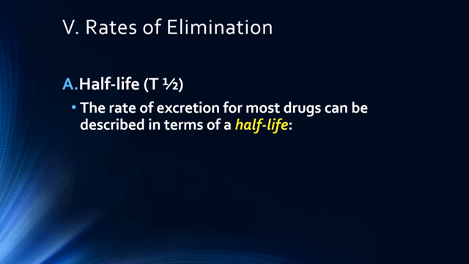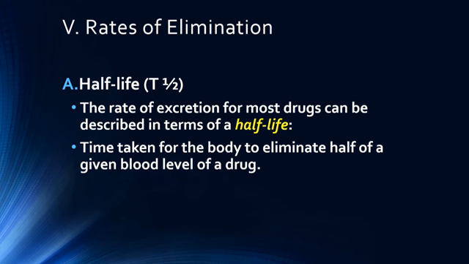That is, half of the drug is eliminated during that half-life. This is much like radioactive isotopes, which have a half-life. They decay, half of them decay over a certain amount of time. So drugs have this same kind of metabolism. It's the time taken for the body to eliminate half of a given blood level of a drug. And so half-life is exactly that: how long it takes to eliminate half of the drug.